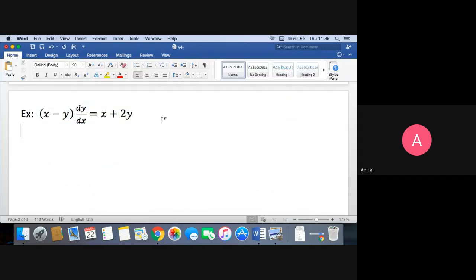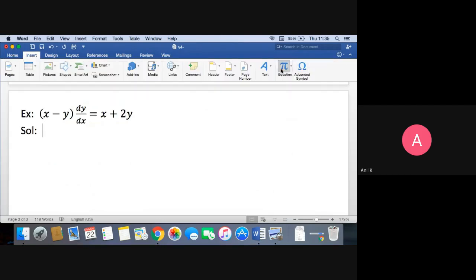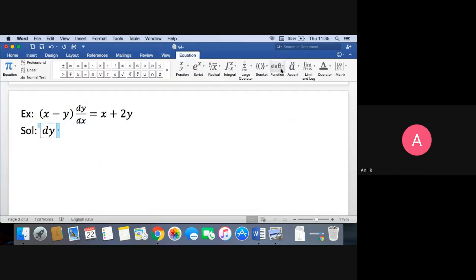But in this question we cannot bring x and dx terms to one side and y and dy terms to the other. So in that case I have to check whether the function is homogeneous or not. If it is homogeneous, then we have one standard method which can be followed and we can solve it easily.